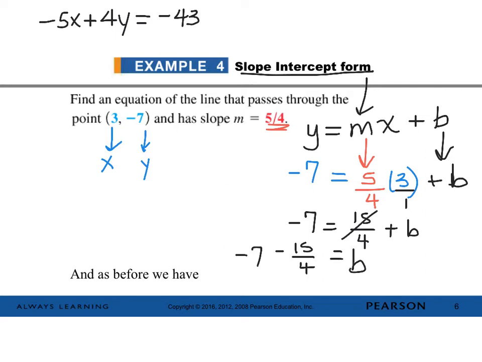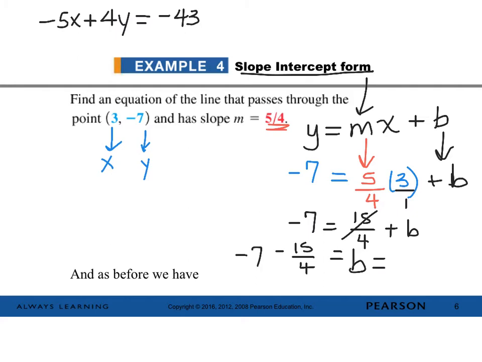You're sitting there saying, but Miss Flint, I don't like fractions. Well, that's okay. Your calculator doesn't mind fractions a bit. So get your calculator and do the subtraction on your calculator. You enter on the home screen, negative 7, subtract, and then put your fraction in parentheses.